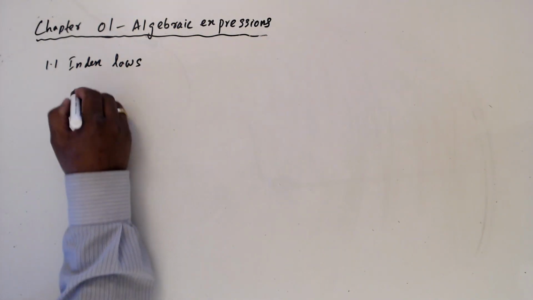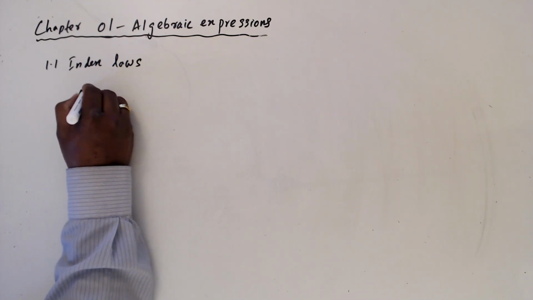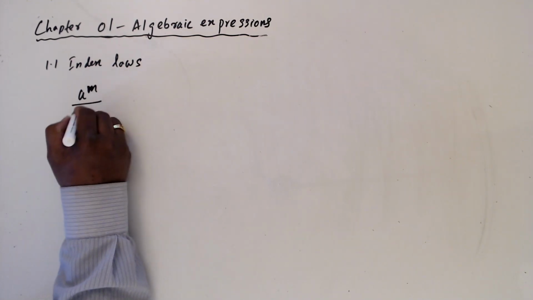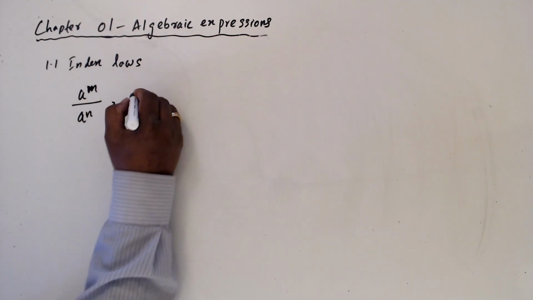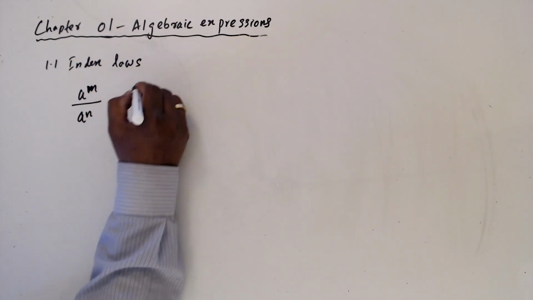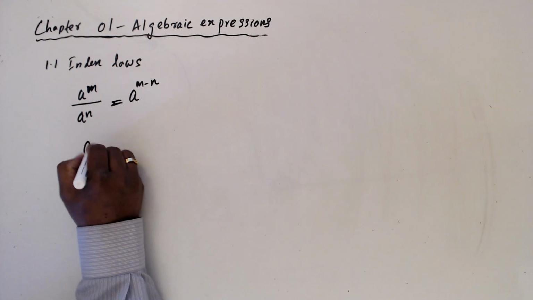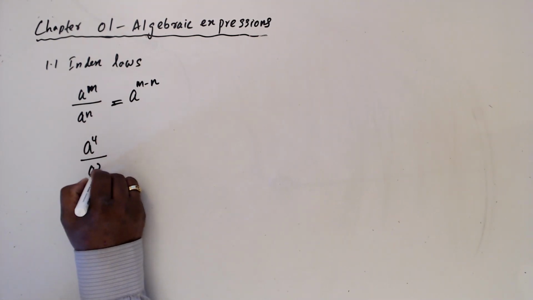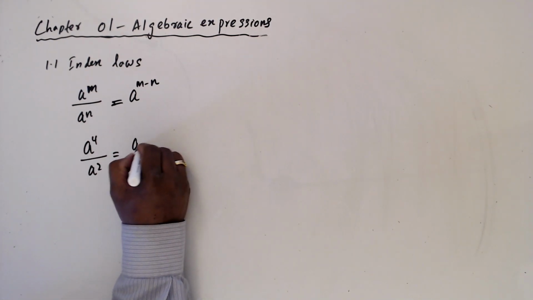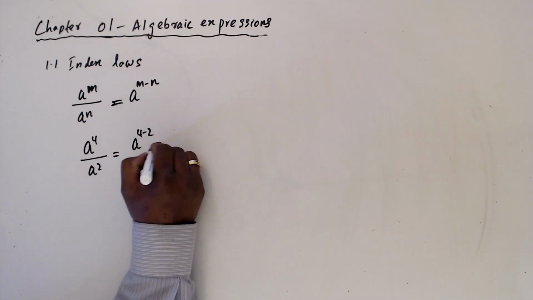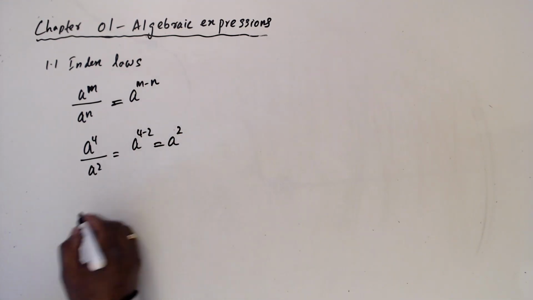The second one is a to the power m divided by a to the power n. We can simply write a to the power m minus n. For example, a to the power 4 divided by a to the power 2. We can write a to the power 4 minus 2, that is a squared.